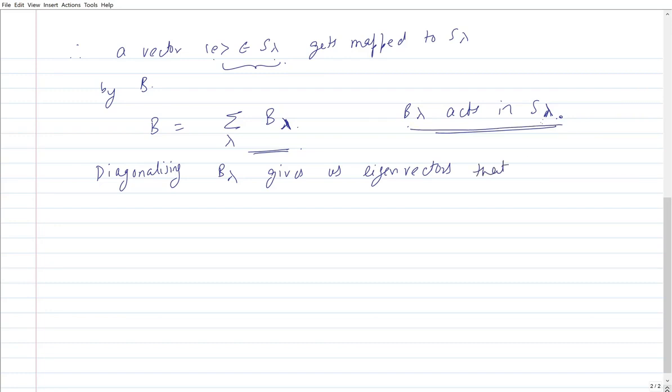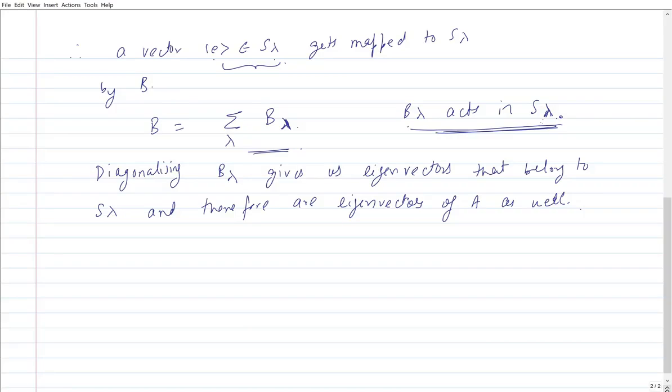Because B lambda was acting in S lambda only, these eigenvectors belong to S lambda, and therefore are eigenvectors of A as well. So that in a way completes the proof.